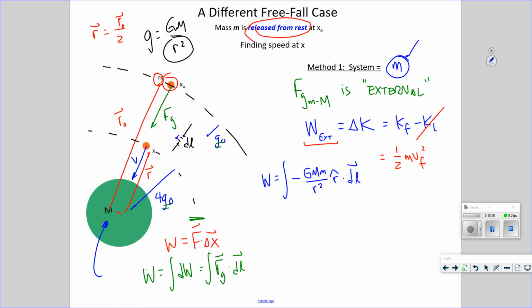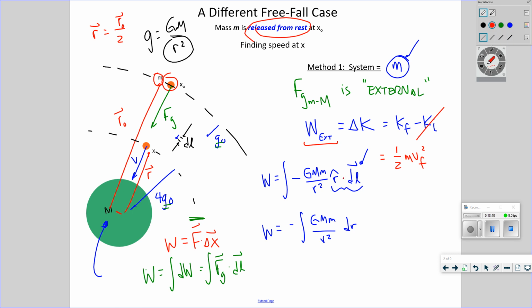Now, r hat is a unit vector, so it has a magnitude of 1. It just means direction, a little vector that points in a certain direction. So this yields the same thing as G M over r squared, scalar, dr. The dot product of two vectors, r hat dot dl, gives us a scalar. In this case, it gives us the scalar dr.